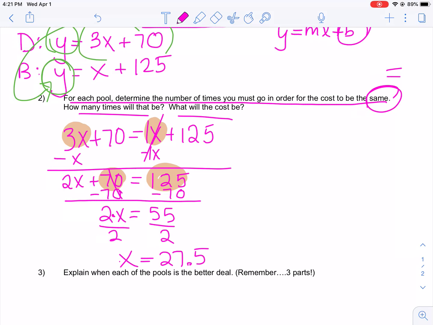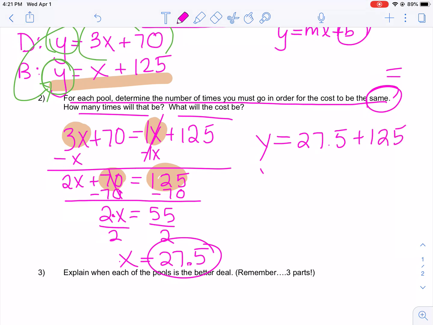So now that we know what our x is, let's go and find our y. Just plug it into either of my equations. Bower Hill may be a little bit easier because we only have 1x. So we have y equals, I'm going to substitute 27.5 in for x plus 125. And y equals, when I add those 2 together, I have 152.5.